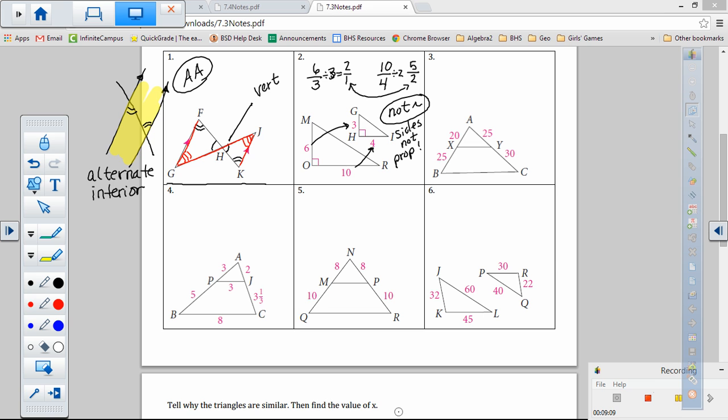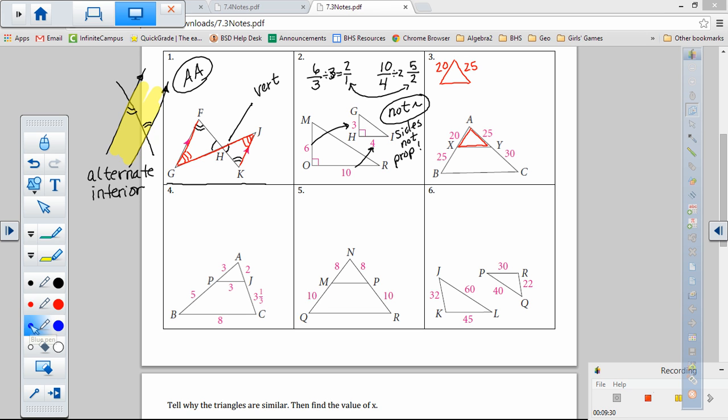In example number 3, I'm going to ask you to use a strategy we used before when we were proving triangles congruent, and that is to take the two triangles apart. So we have our little triangle here, and I'm just going to redraw it up here, and it says 20 and 25, okay?